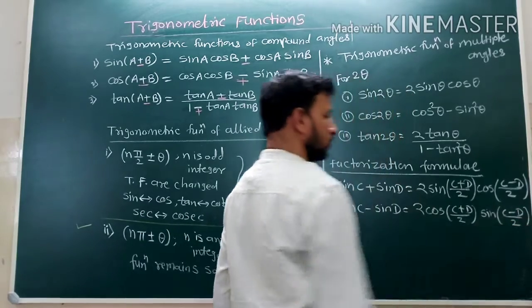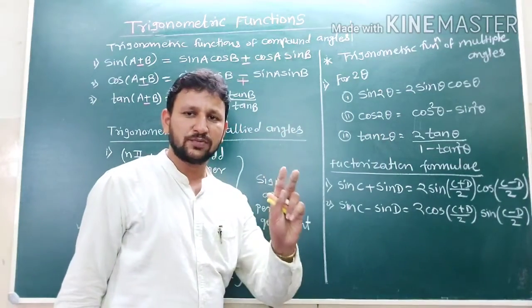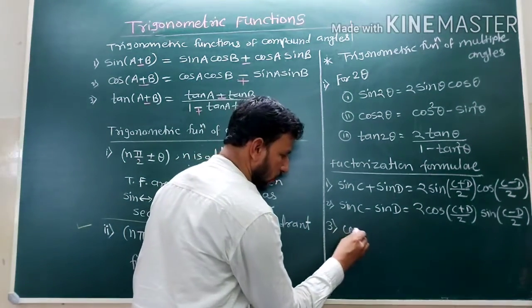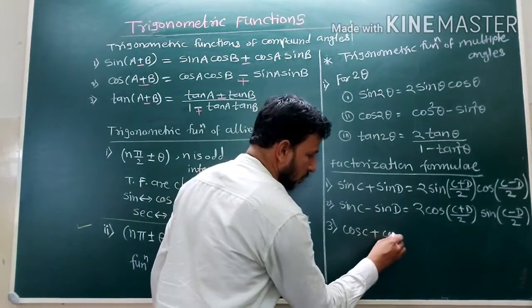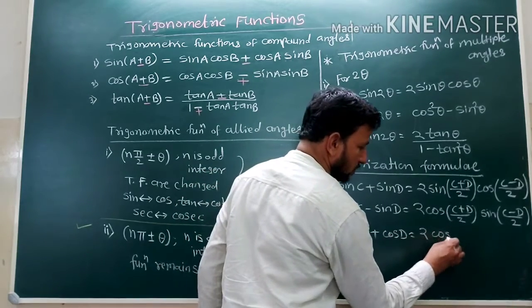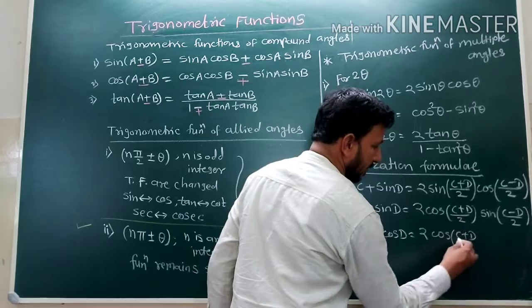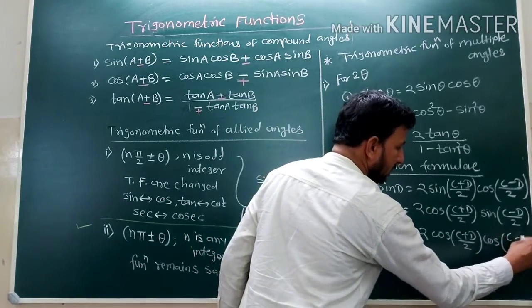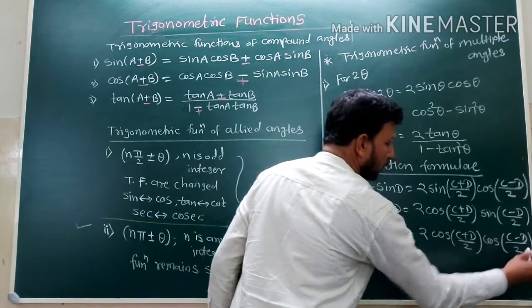Third formula for factorization for the cos function: cos C plus cos D is equal to 2 times cos of C plus D by 2 into cos of C minus D upon 2.